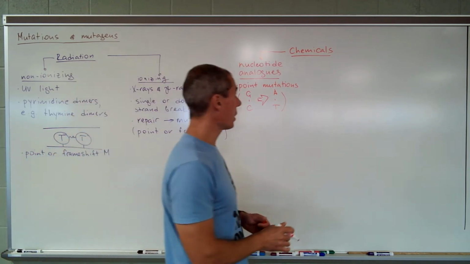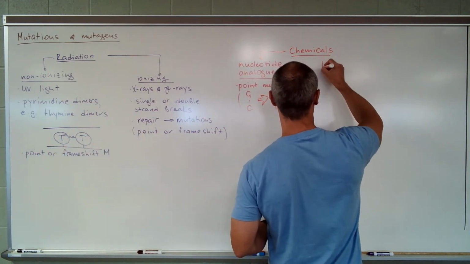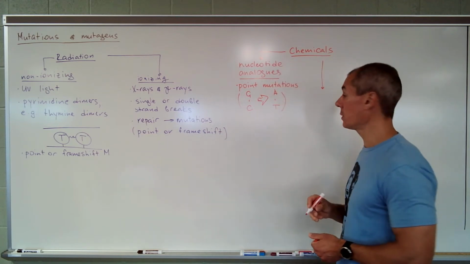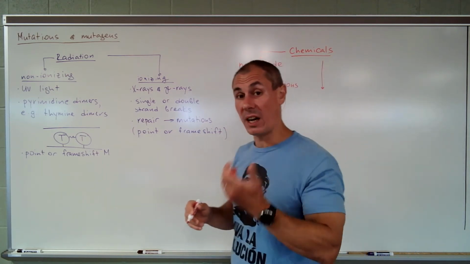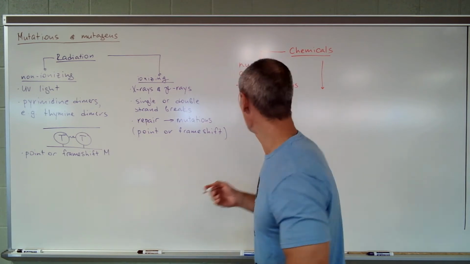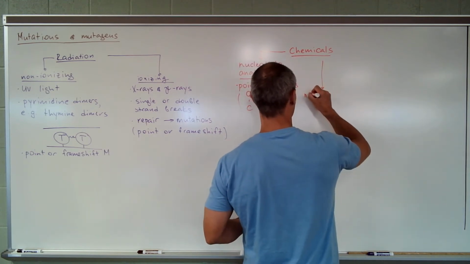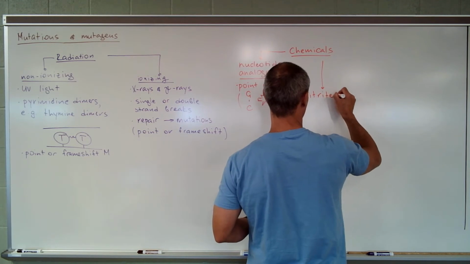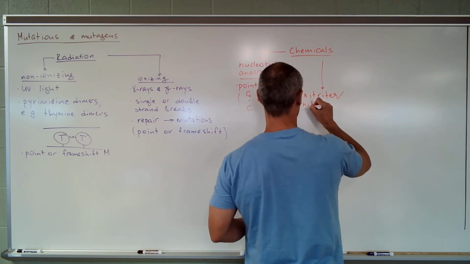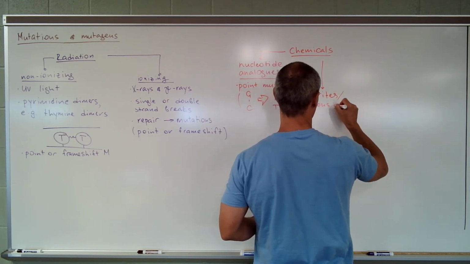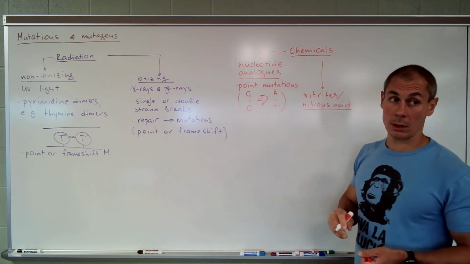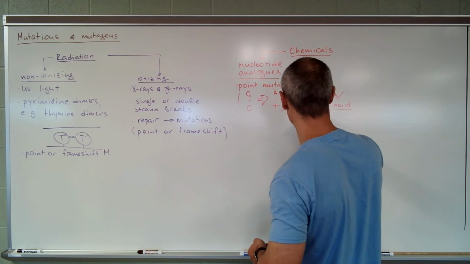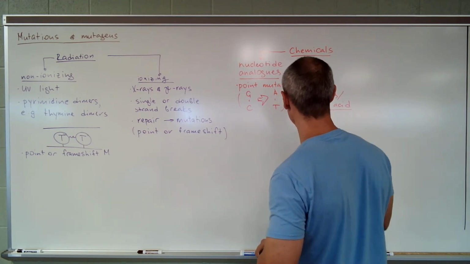Another really interesting chemical agent that causes point mutations, sometimes called nucleotide modifying agents, are nitrites or nitrous acid. So this is basically the anion, NO2 minus.